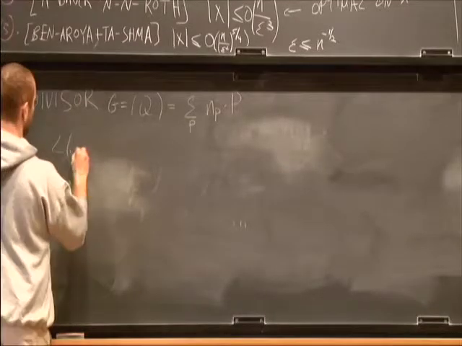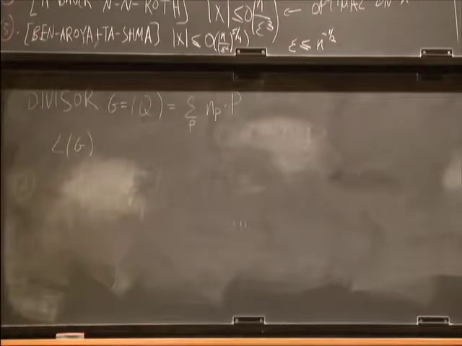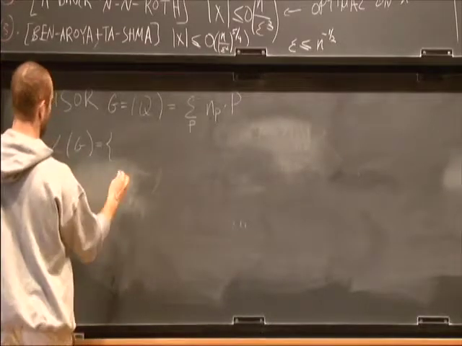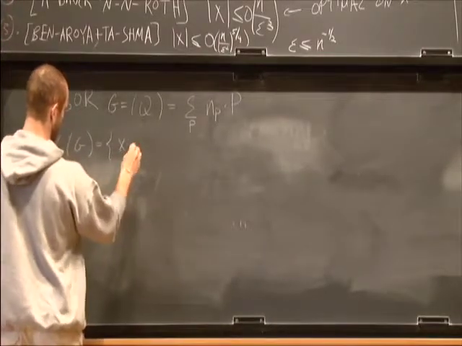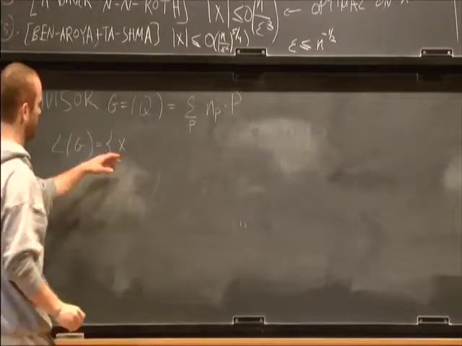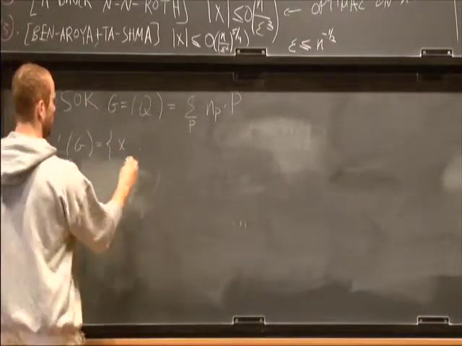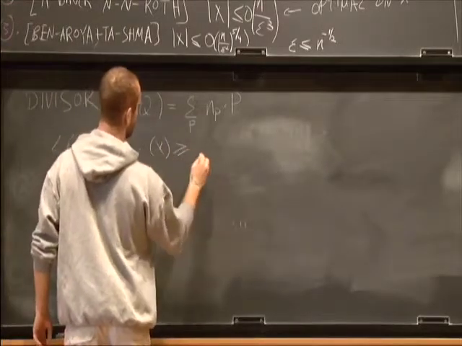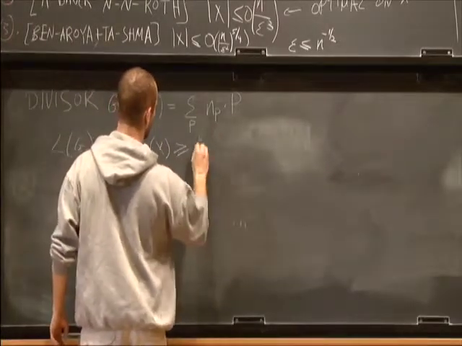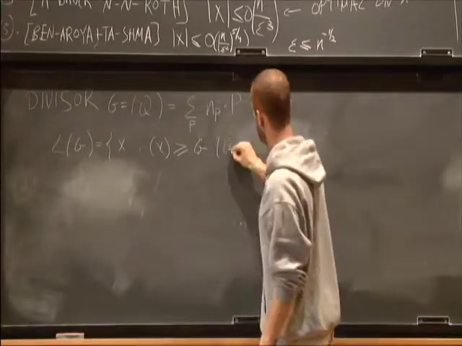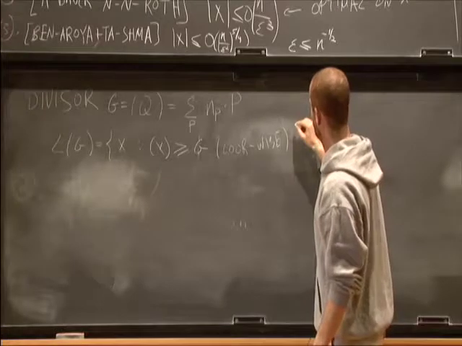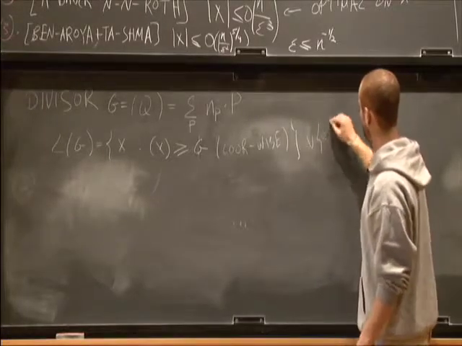And we can define a vector space associated with a variety, or with a divisor, to be all the x's such that x is at least G, meaning coordinate-wise, including 0.